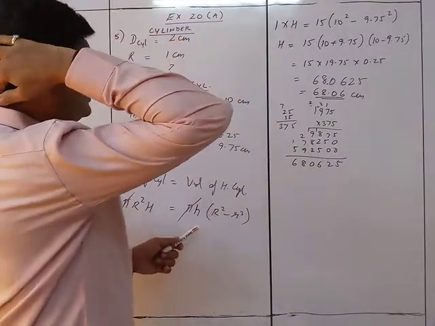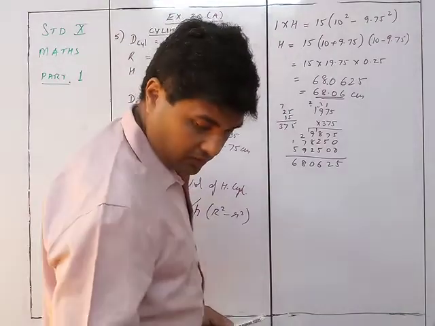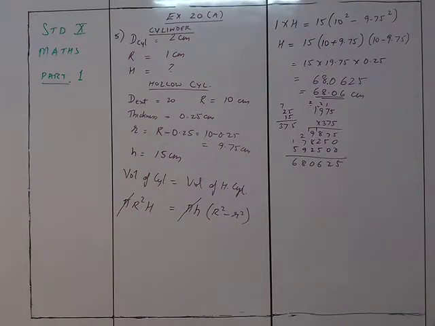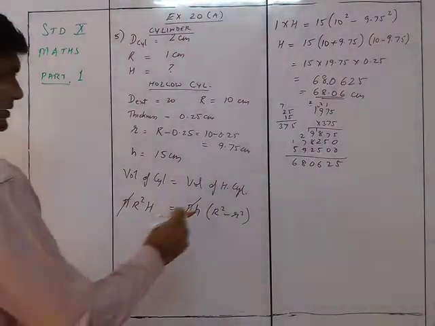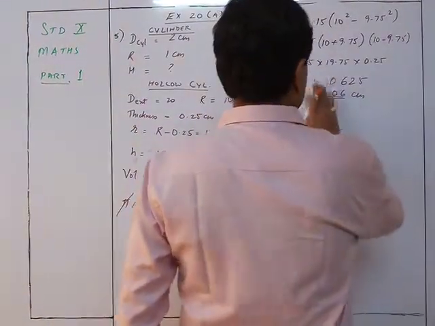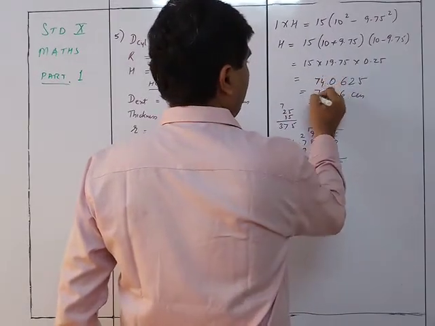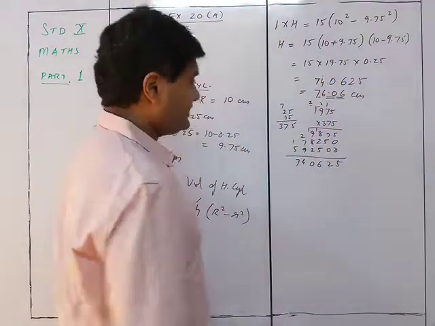Pi cancels, H is 15. Okay, mistake here itself. This is 4 and 7, so it is 74.06. So that's the answer.